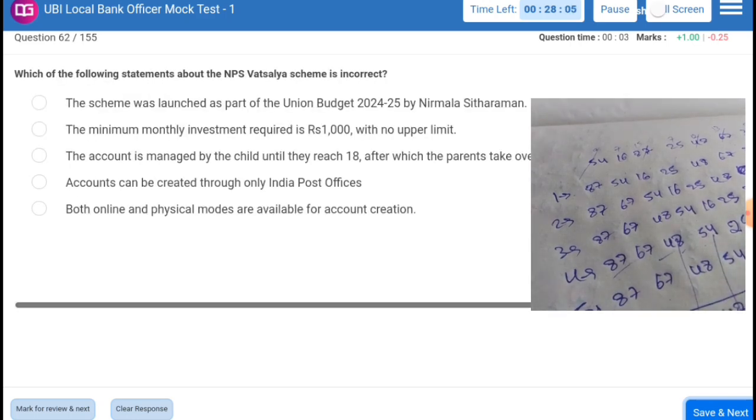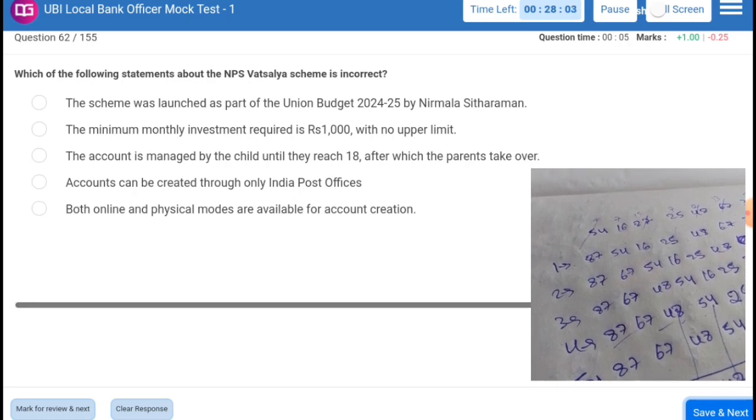Which of the following statements about the NPS Vatsalya scheme is incorrect? So it was launched in 2024 by Nirmala Sitharaman.